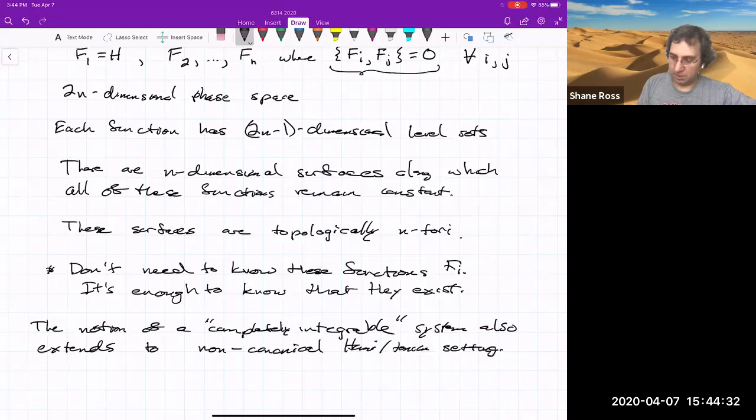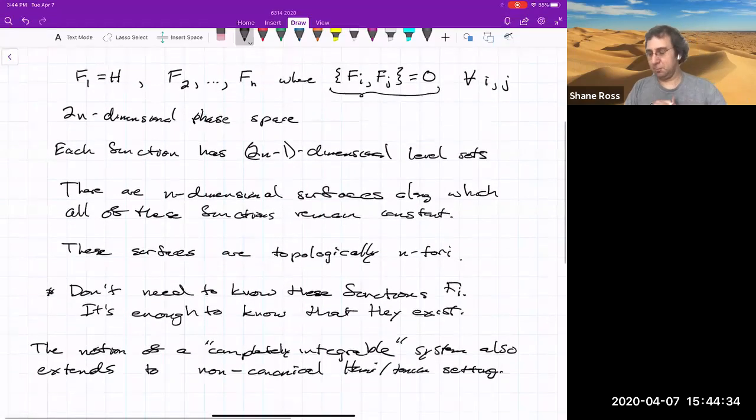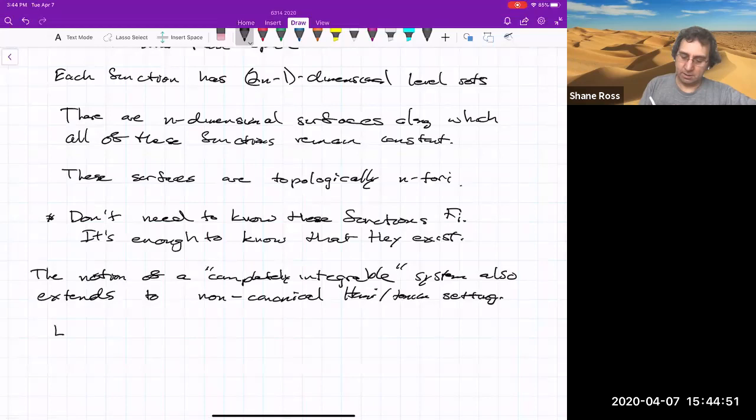There are some caveats there. The notion extends, but it's not necessarily going to be n tori, because we don't have n degrees of freedom anymore. The whole idea of degrees of freedom is definitely tied to the canonical Hamiltonian approach of there are Q's and there are P's.